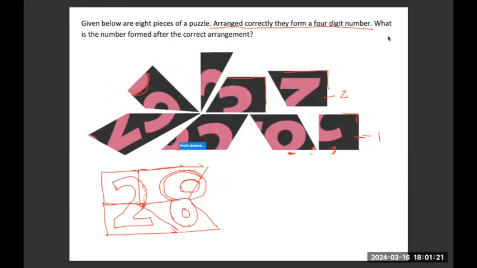So this part, let me number it. This is 2, this is 1, this is 4, and this is 3.